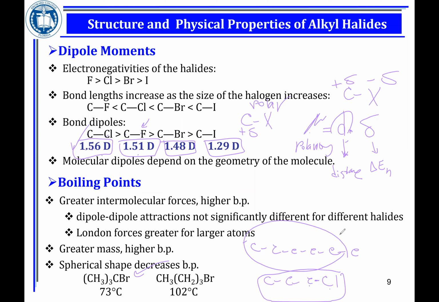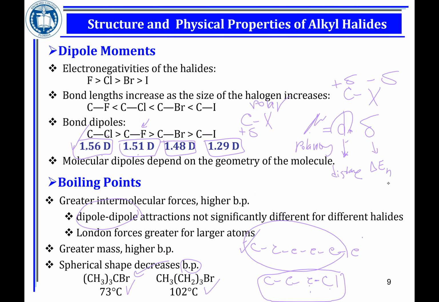For alkane, you only have van der Waals forces or London dispersion forces, but for alkyl halide, you have dipole-dipole interaction. That means the intermolecular forces are stronger. The stronger the intermolecular forces, the higher the boiling point. So we have a significantly higher boiling point for alkyl halides compared to alkanes.